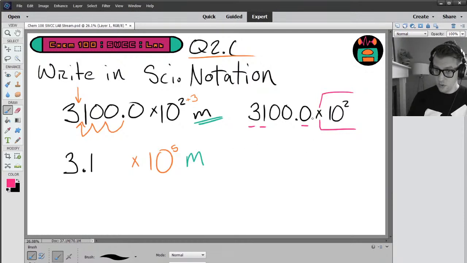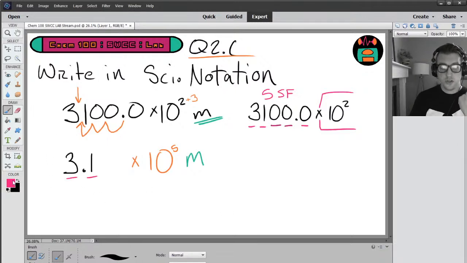So this 0 is a significant figure because it's to the right of the decimal and at the end of the number. And then any 0 that's in between significant digits, like these are, is also significant. So our starting number has 5 sig figs, and 3.1 only has 2.